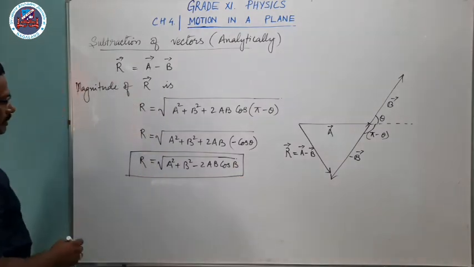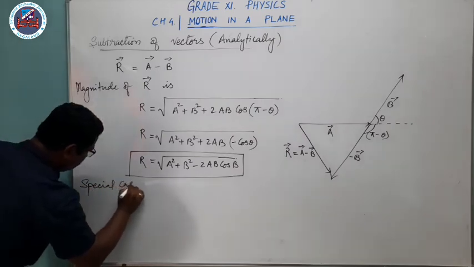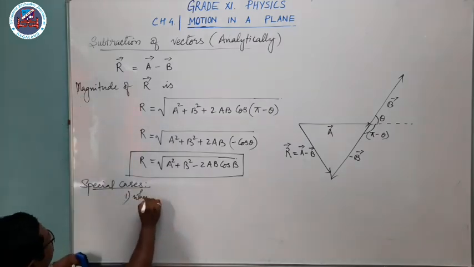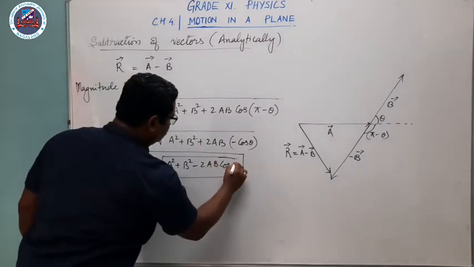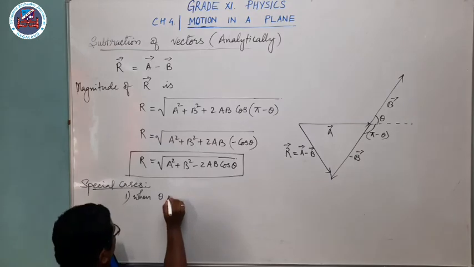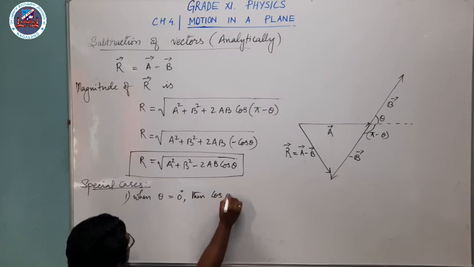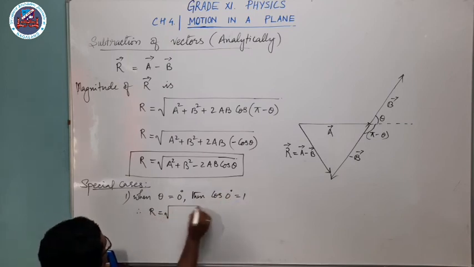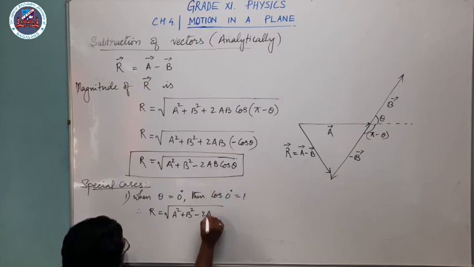Then the special cases. Case 1: when theta is equal to 0 degree, cos 0 degree is equal to 1. Therefore, your resultant will be A square plus B square minus 2AB.